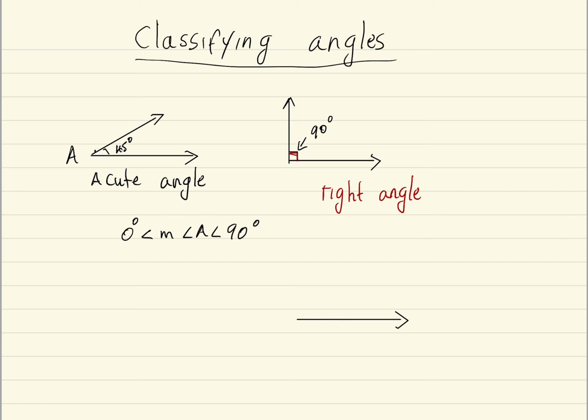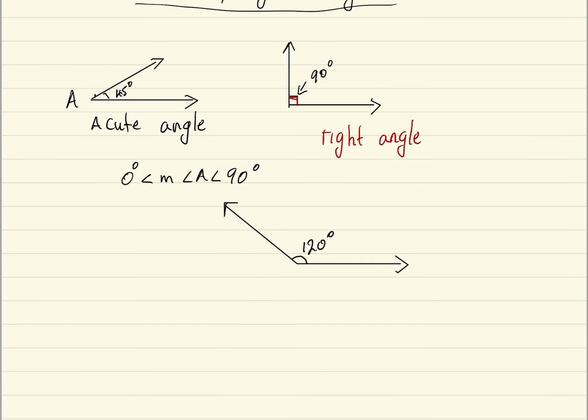So this is one way. So this angle is greater than 90 degrees but less than 180 degrees. So we can call this maybe 120 degrees.